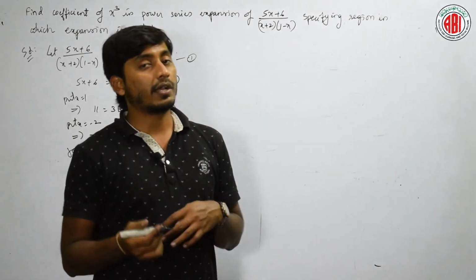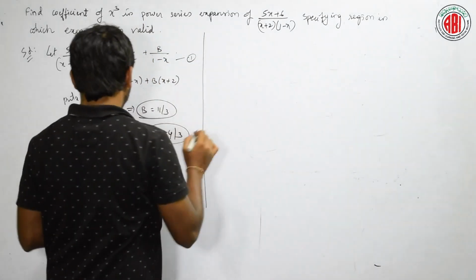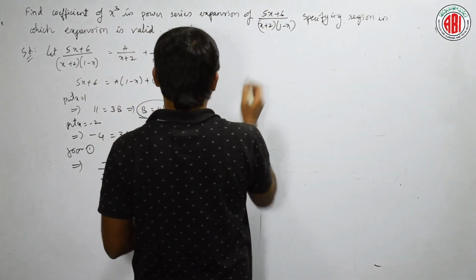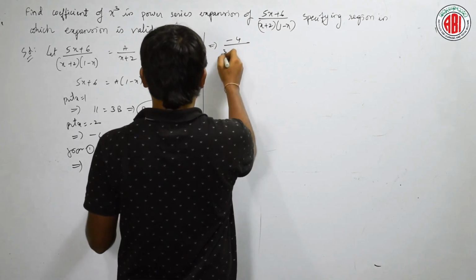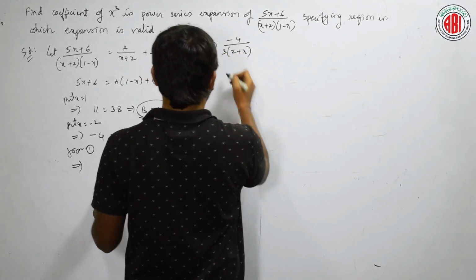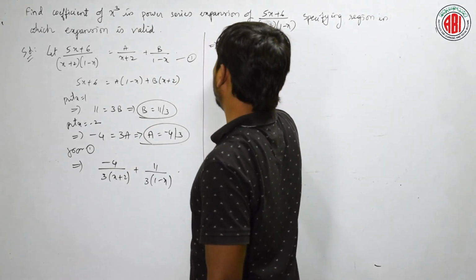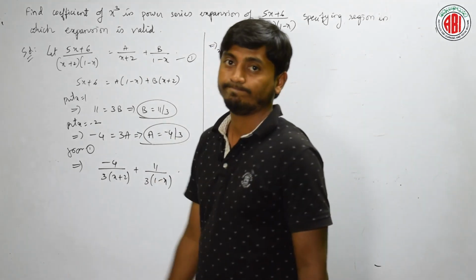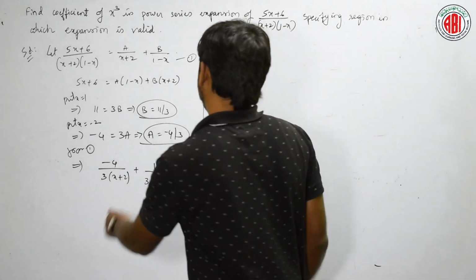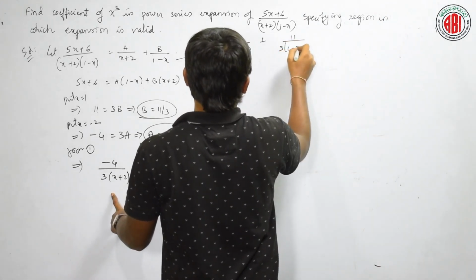Now, we are going to convert it into a series form. We will write it as minus 4 by 3 into 1 by (2 plus x), and we will take 2 common here and write x by 2, remember that, plus 11 by 3 into 1 by (1 minus x).